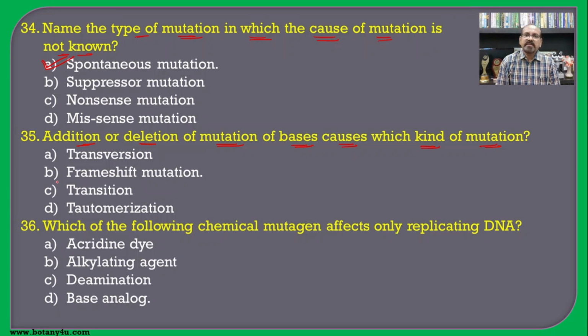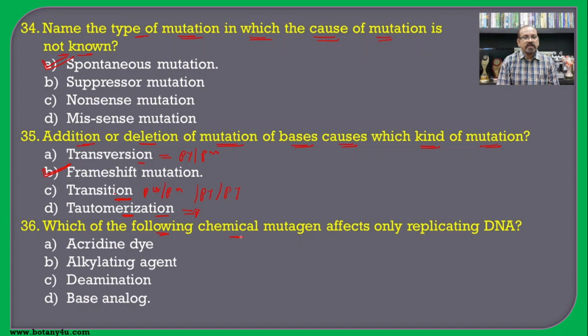So the complete script of the gene gets changed, and hence it is known as frame shift mutation. Earlier we have seen transition mutation as well as tautomerization and transversion. Transition means purine is changed with purine, or pyrimidine changed with pyrimidine. Transversion, purine is replaced by pyrimidine. And tautomerization, that is structural changes in the nitrogen bases.